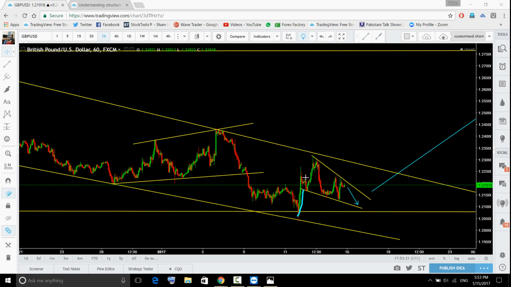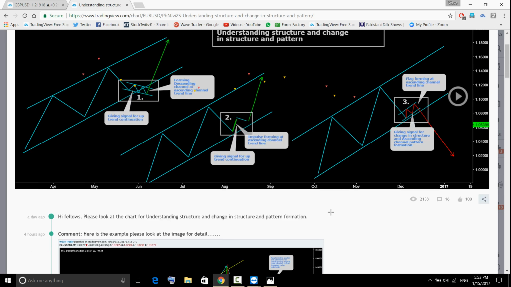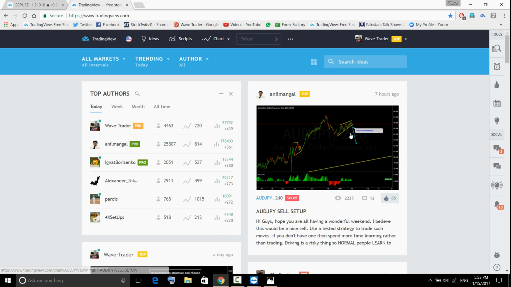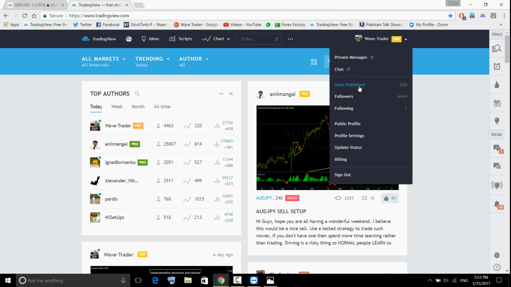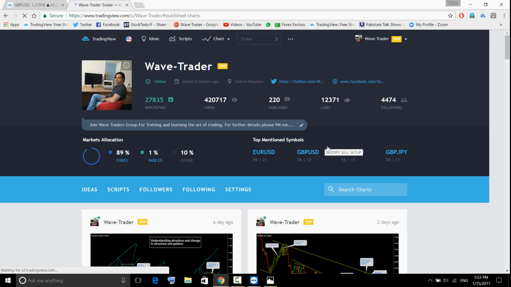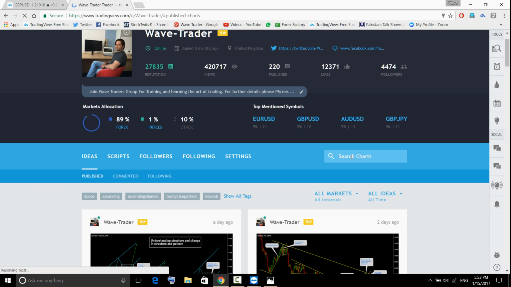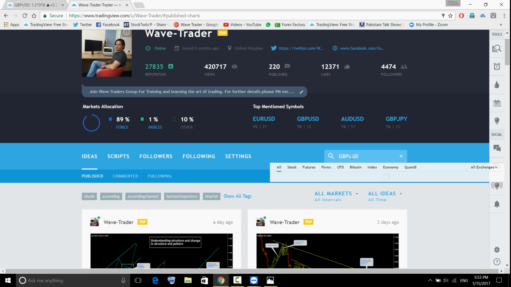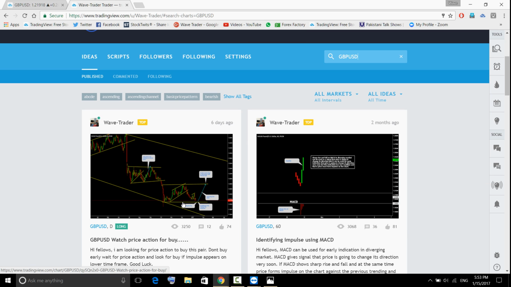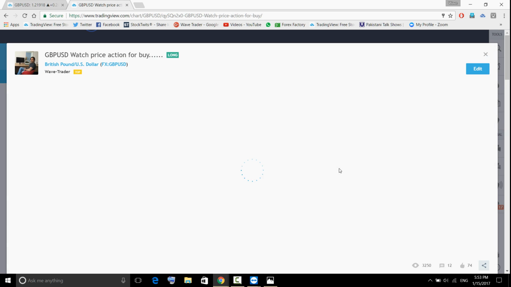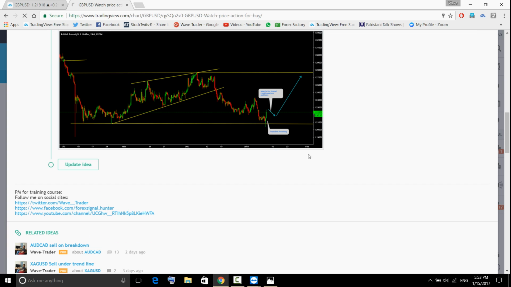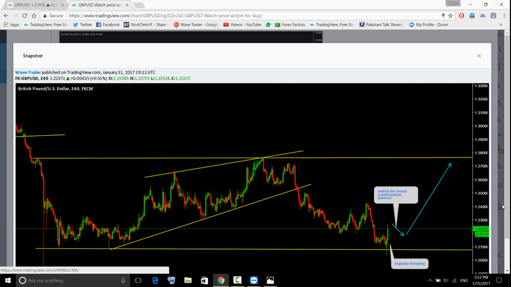Currently I'm relying on this impulse, and price has started to form a continuation pattern. I ask you guys to look at the continuation pattern. It is forming on the 1 hour time frame.